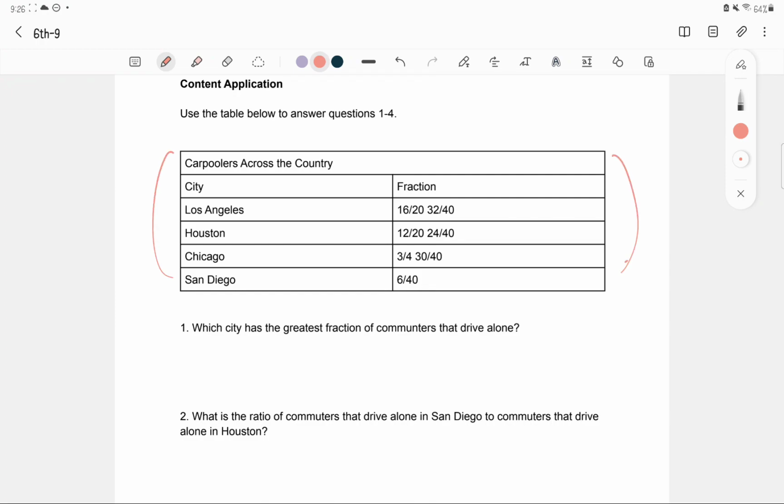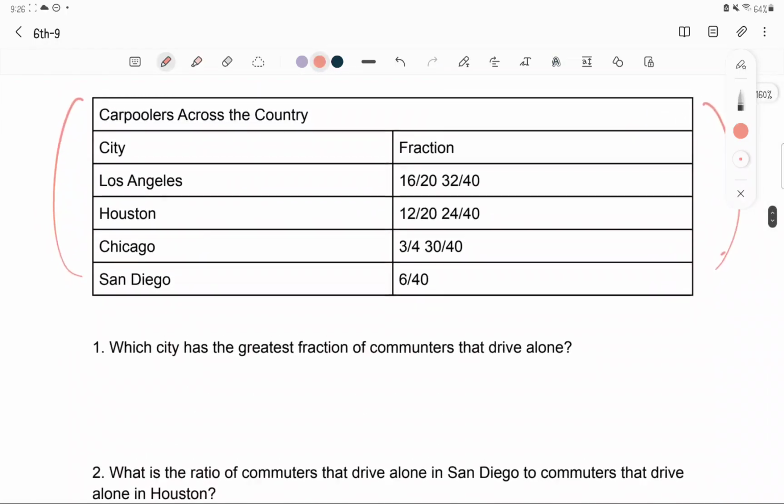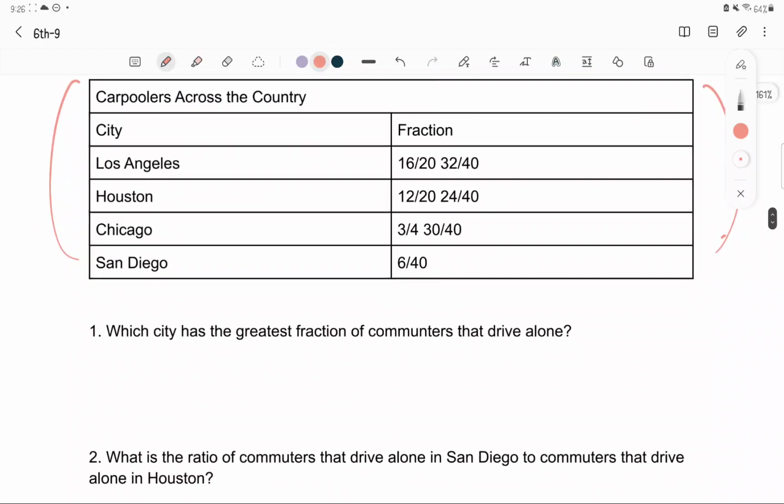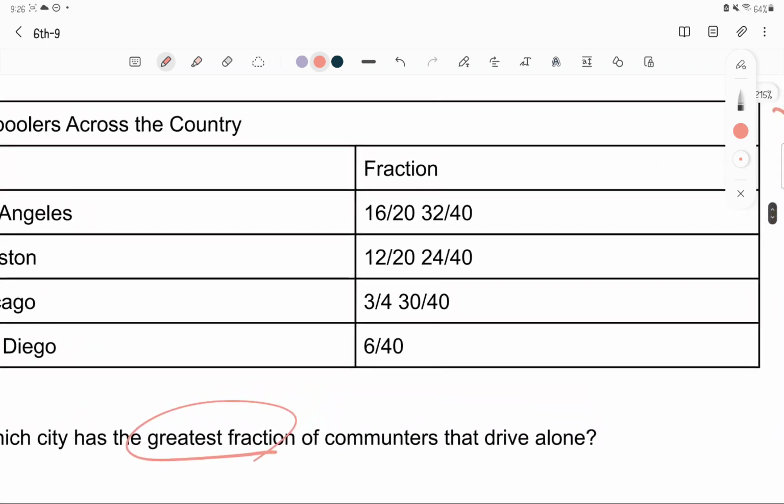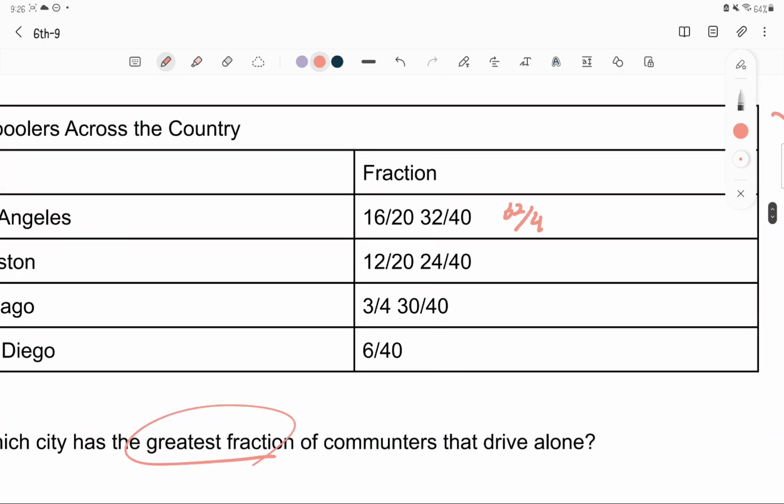It might be a graph, but in this case, it's a chart. Number one, which city has a greater fraction of commuters that drive alone? Greatest fraction. So this is 32 over 40, right? And the others are 24 over 40, 30 over 40, and 6 over 40.